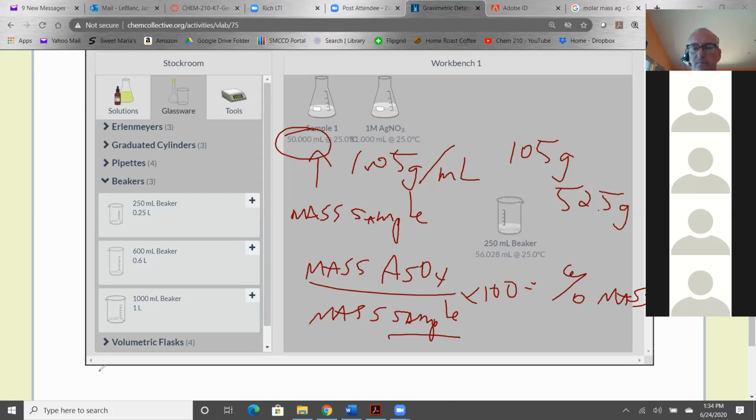I have another question. How can we answer the post-lab questions and the error analysis questions? Oh, refer to the lab manual, because in the lab manual there's another similar type of experiment where you've got solids and you're measuring the mass of solids.